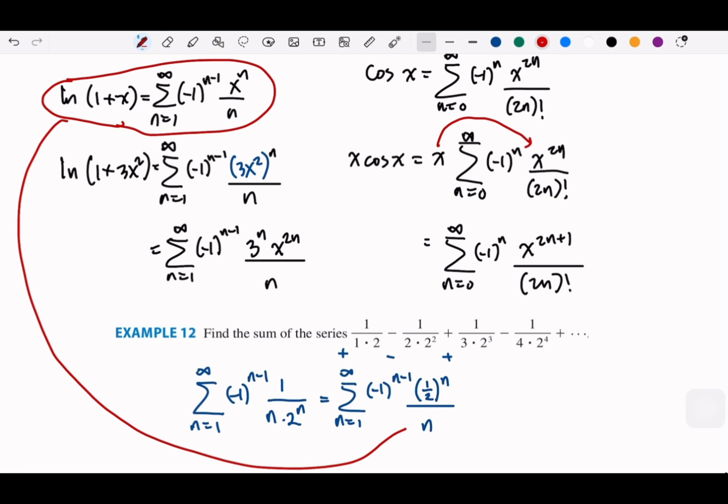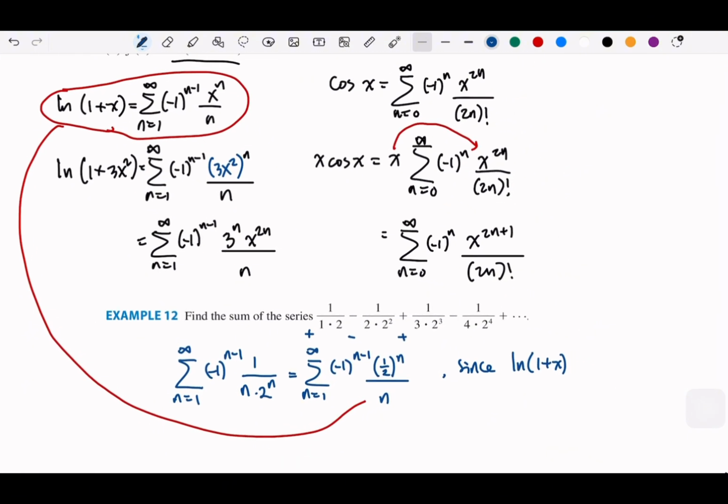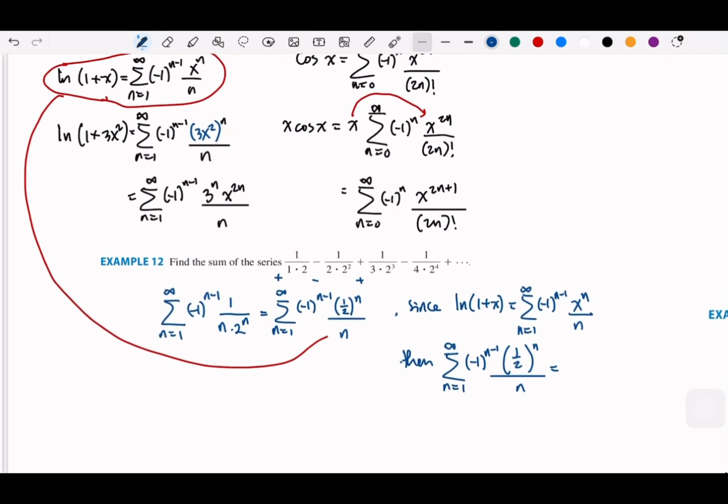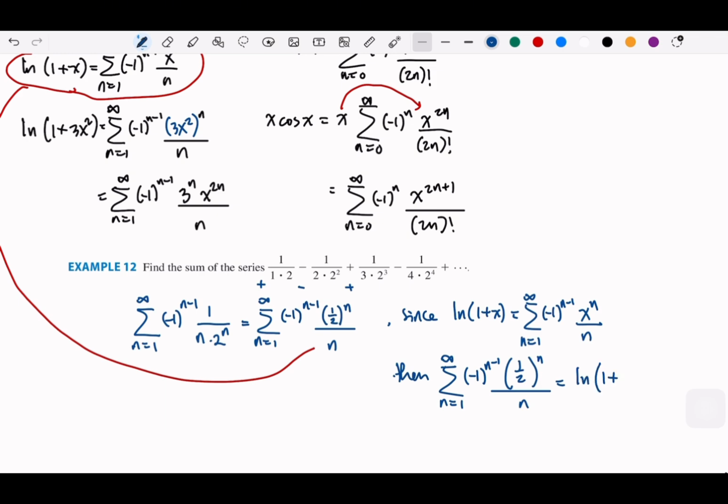So we can write here ln 1 plus x is equal, then this is ln 1 plus 1 over 2, or ln 3 over 2.